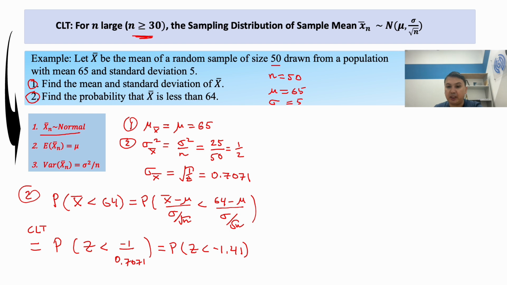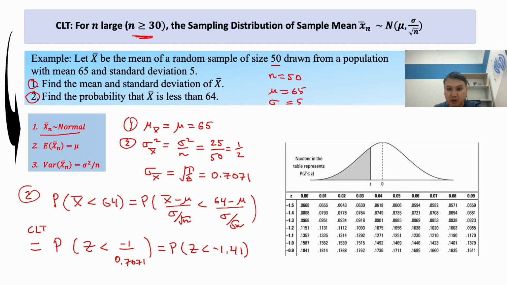So what do we do next? We read the table. Minus 1.4 is here, and the hundredths digit is here, 0.01. We look at their intersection, hence the answer is 0.0793. That's the probability that the sample mean is less than 64.